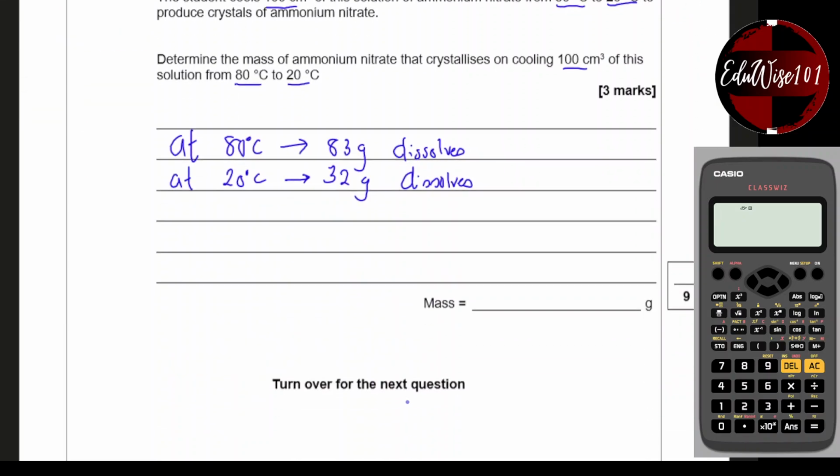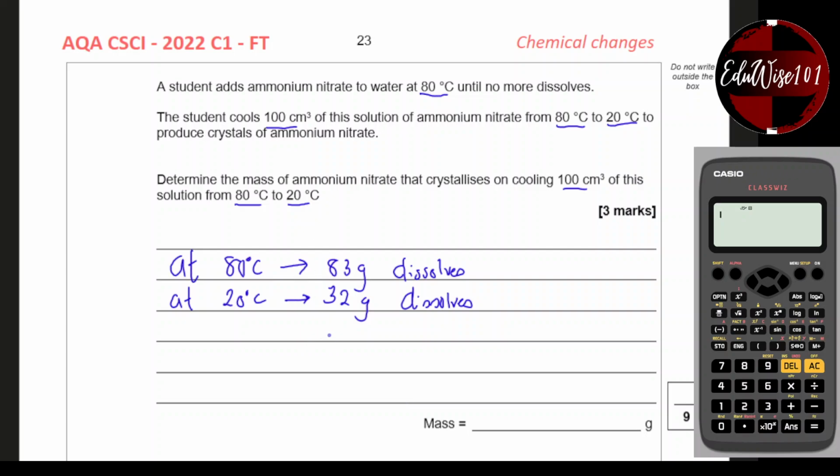So the difference between those two numbers is 3 minus 1 is 1, and 8 minus 3 is 5. So 51 grams of the salt would crystallize. So 51 grams. That brings us to the end of this question number 5. I will see you in question number 6.